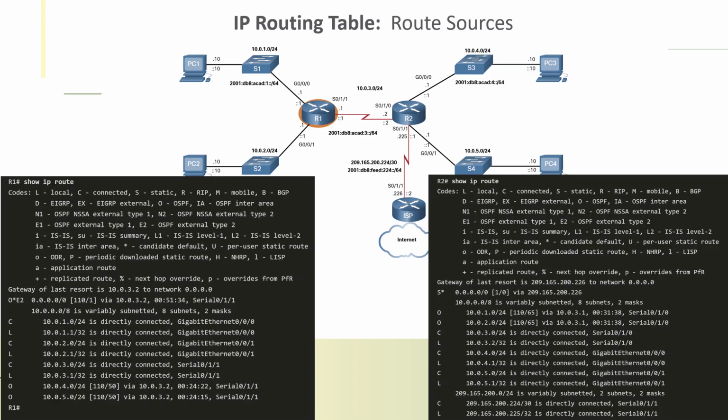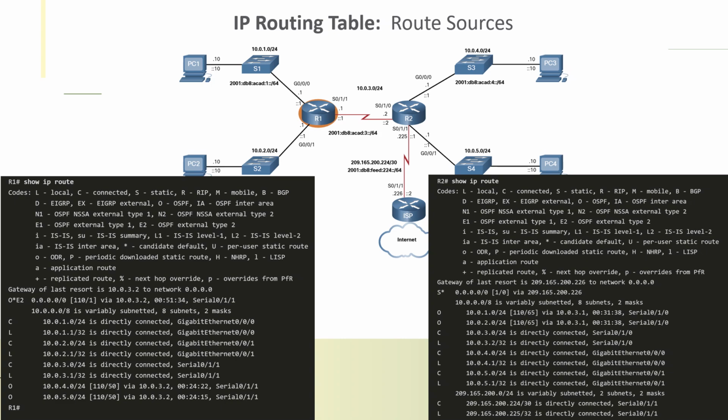And we have the information through which serial interface we are able to locate this network, and from which IP: the via 10.0.3.2 tells the next hop, which in this case is router 2.